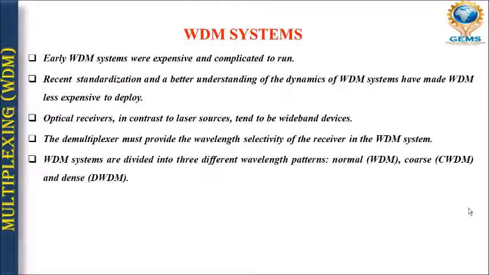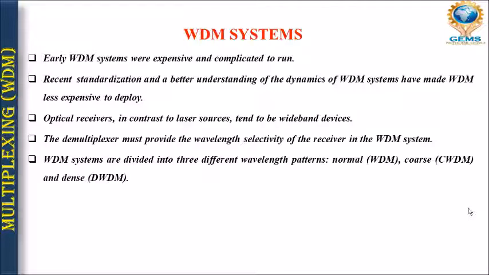WDM systems can be divided into three wavelength patterns. First is known as normal WDM. Next one is known as coarse WDM, that is CWDM. Normal WDM is also known as WDM itself, and the third one is known as dense WDM, that is DWDM.